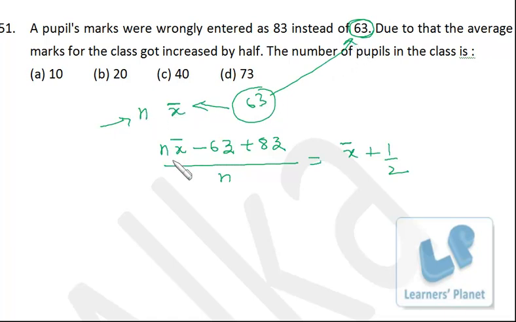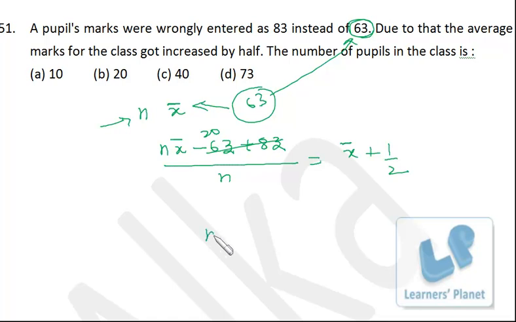So total must be nx bar, right? From this total we are deducting 63 because instead of 63, 83 has been written. So this is the new total when marks are wrongly written, right? If it is divided by n, you'll get the new average, and this new average is half more than the previous average. Okay, now minus 63 plus 83 is actually 20.